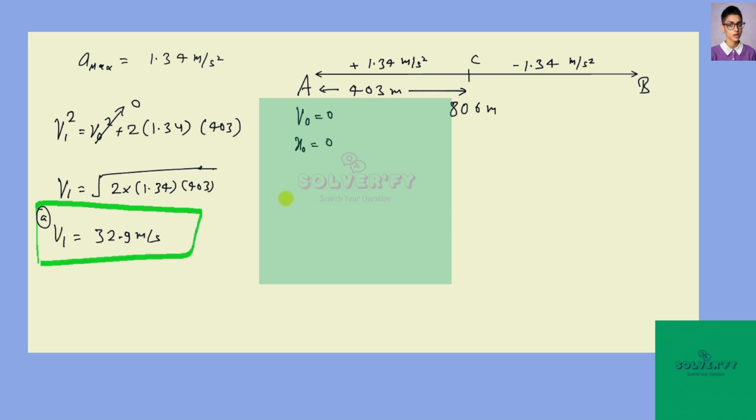Now for part B: what is the travel time between these stations? We have to find the travel time. So x1 equals V0 t plus half times acceleration A1 times T1 square.